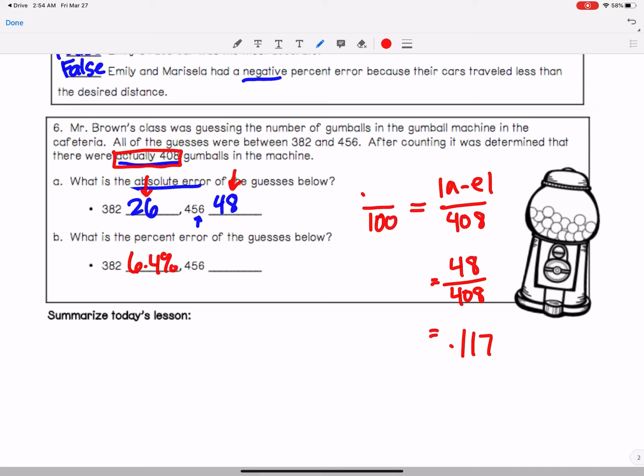And since we got 0.117 out of 100, we just have to make that into a percentage. Take 0.117 and just times it by 100, and that gives me 11.76%. Well, what can that round to? 6 is going to round up, so that means we have 11.8%.